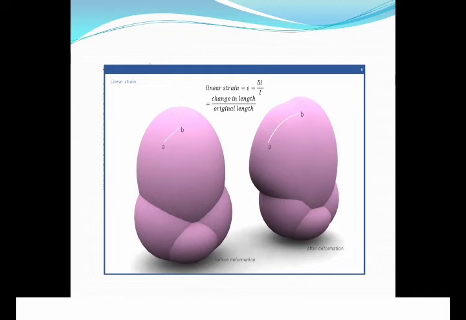So lateral strain, I told you, is denoted by epsilon or small e, which is equal to delta L by L, where delta L is the change in length and L is the original length of AB. So this is just a simple example for the lateral strain. We will see the next slide.